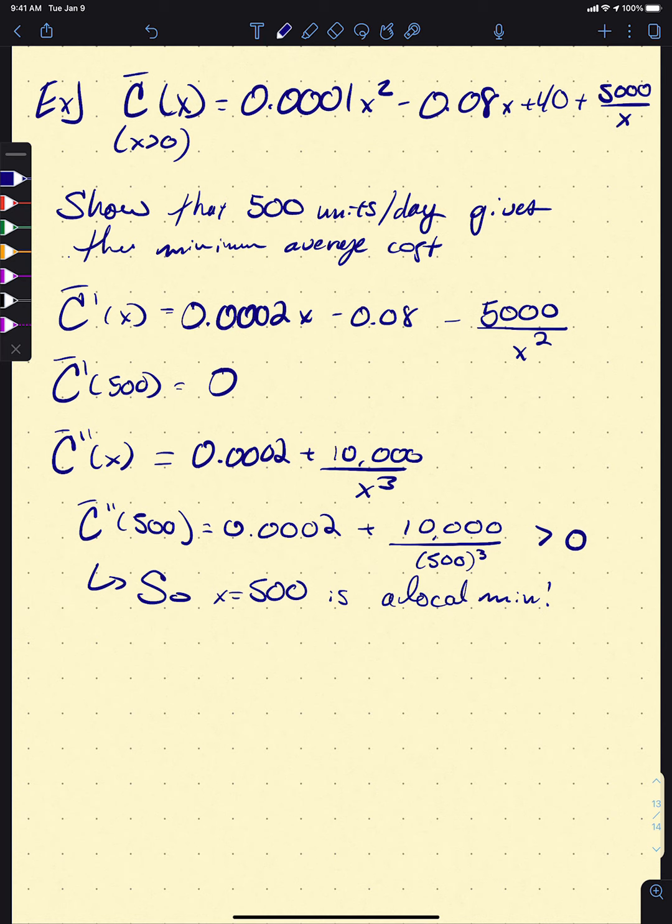But we can actually go a little bit further than this. Because notice, on our domain where x is strictly positive, this function is always positive, which means our function is always concave up, which means there's never a time where it can have another local extrema or where it could possibly get lower.